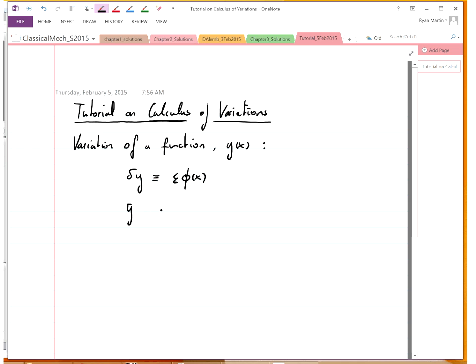And this allows us to build the varied function. So this delta y is the variation.